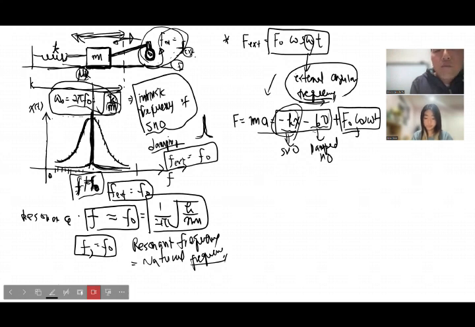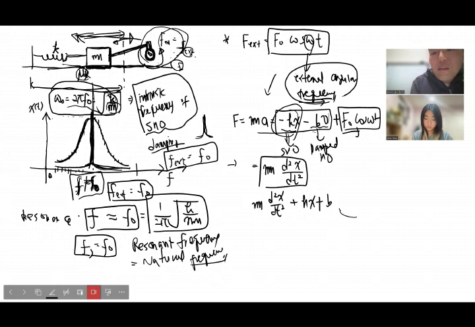If you convert it into a second order differential equation, then the acceleration should be replaced with the second order derivative of displacement in time. And now we move everything to the left hand side. That should be m times d2x over dt squared plus kx plus bv.